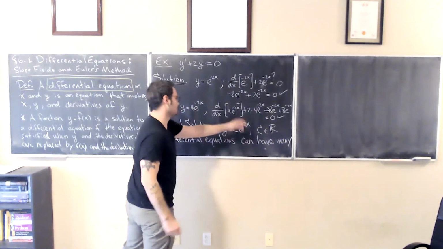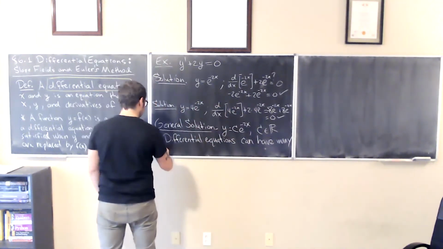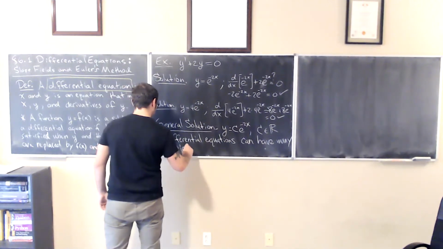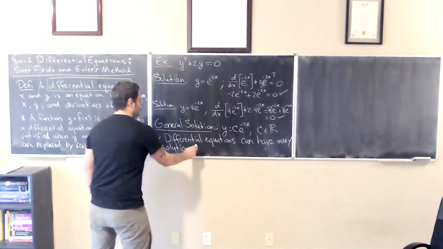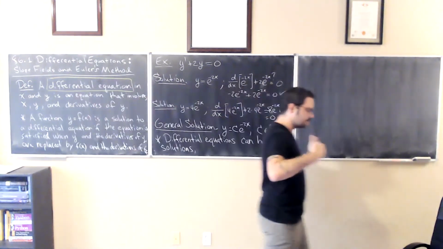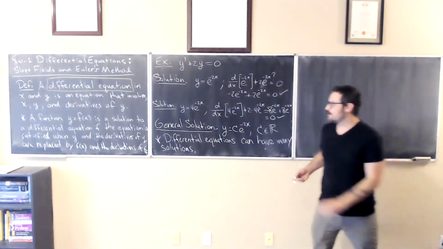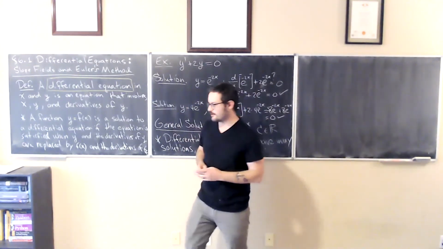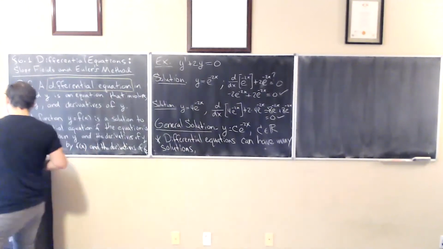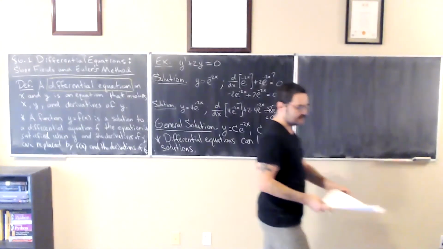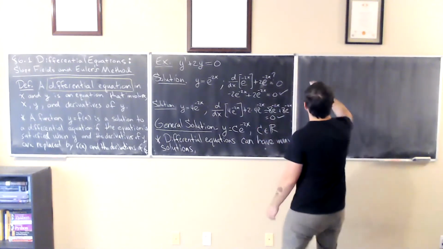For any value c, there's a solution. Okay, but as we'll see in a bit, there will be instances where unique solutions will occur when we're given initial values that the equation must satisfy. Okay, so let's look at another example here.